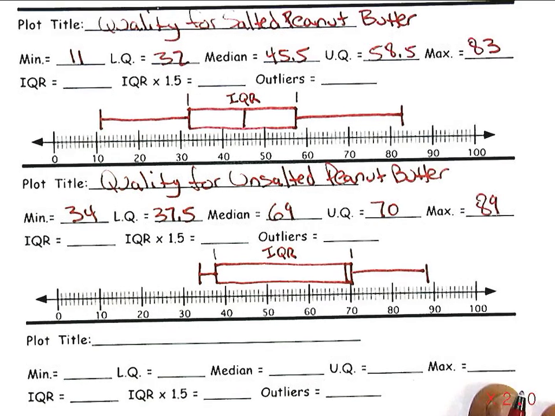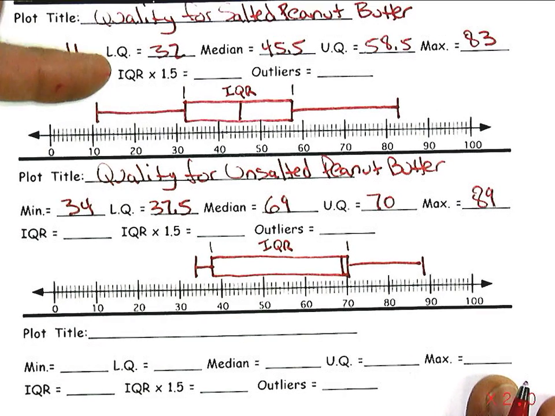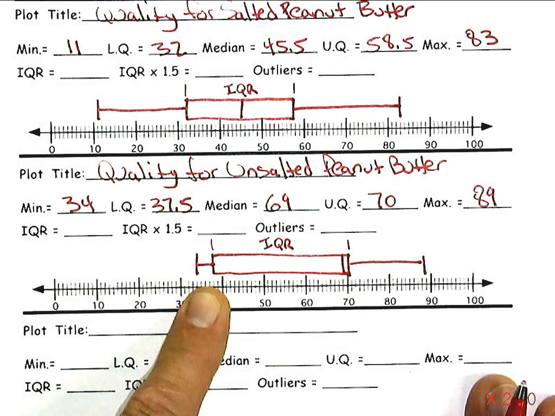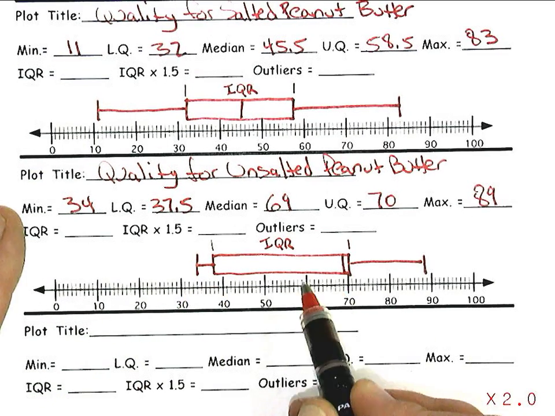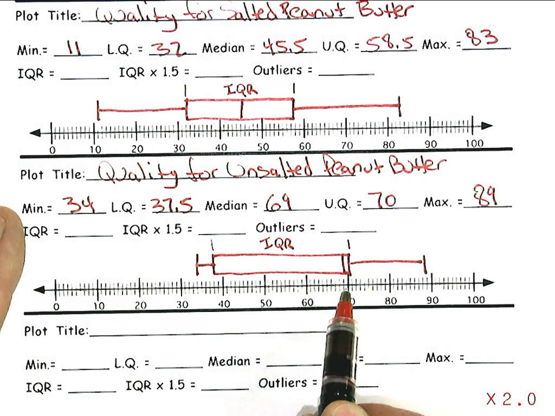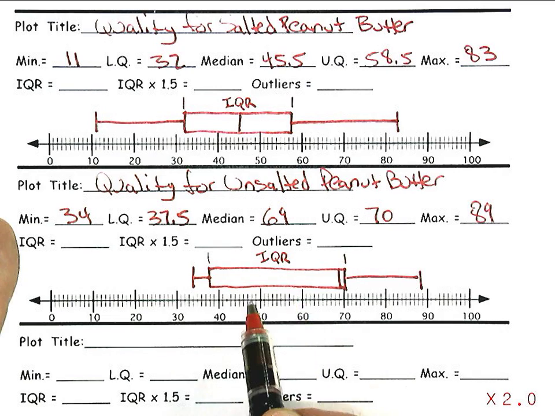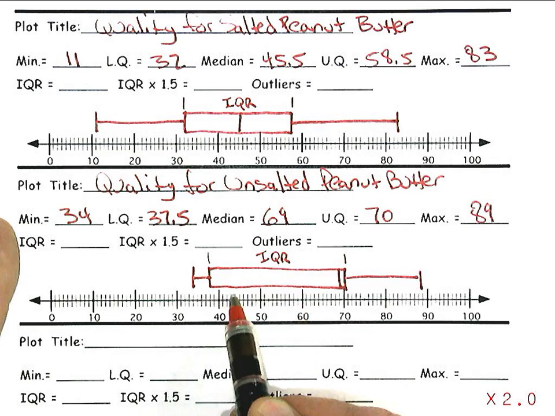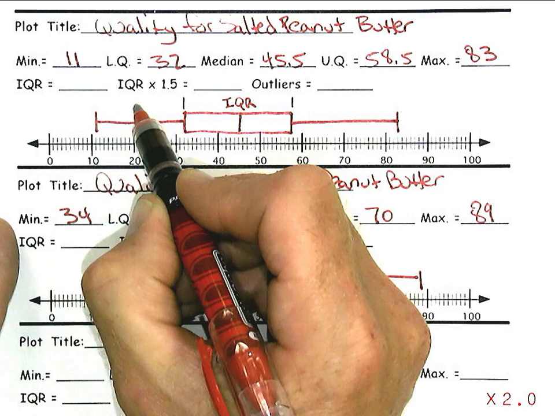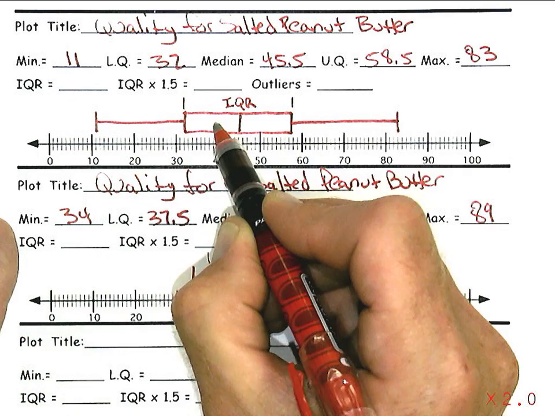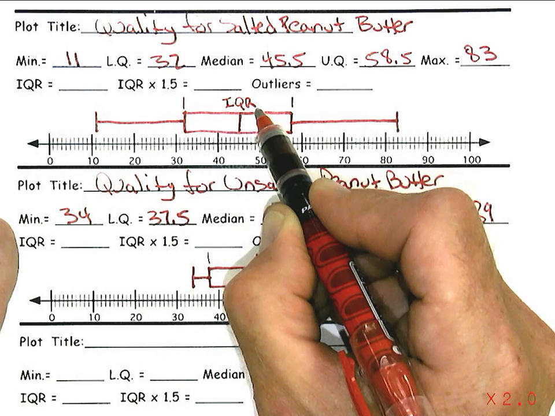What we really wanted to do is to look and see how the quality compares for salted versus unsalted. And you can see that in general the box is further to the right, which would say that the quality overall is higher, because remember 50% of the peanut butters are right in this box. This cuts the data into quartiles, or quarters. So there's a quarter here, a quarter here, a quarter here, and a quarter there, which means half of it's in the IQR.